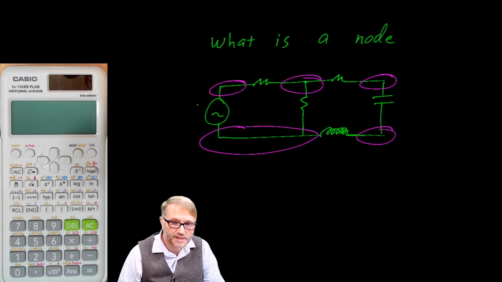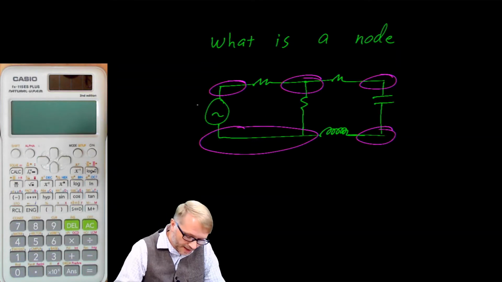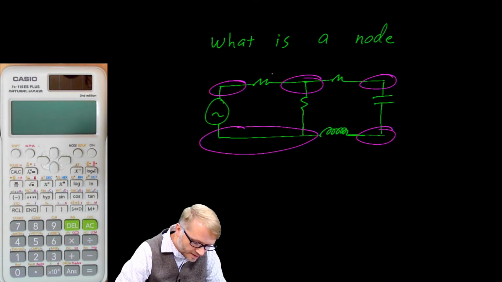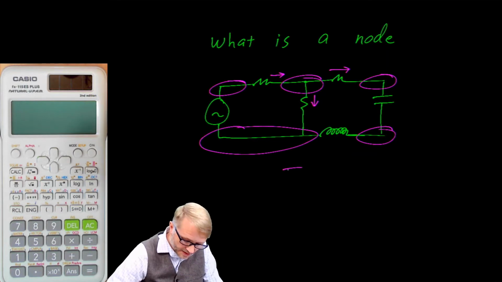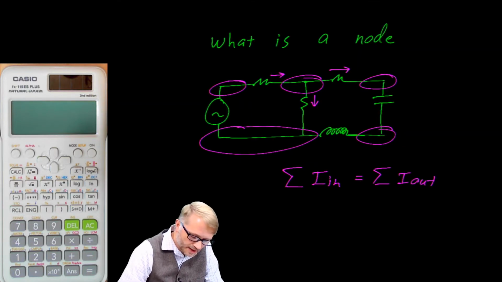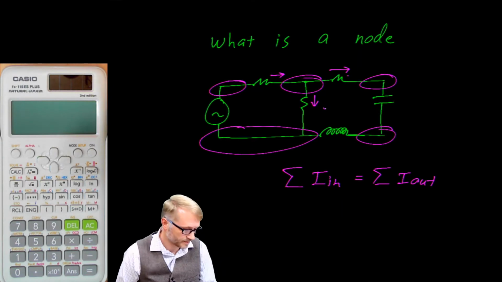Kirchhoff's current law tells us that when we are on any one of these nodes, the currents into is equal to the currents out of. This middle node might have a current flowing in, a current flowing out, and a current flowing out. The summation of the current in is equal to the summation of the current out. In this case, we have 1 in and 2 outs.